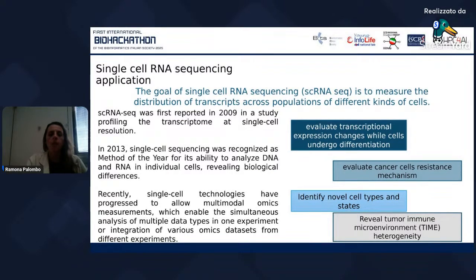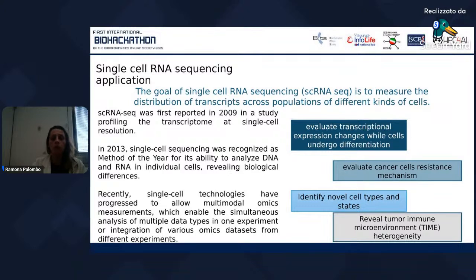And so what are the applications of single-cell RNA sequencing? The goal of single-cell RNA sequencing, as we saw before, is to measure the distribution of transcripts across populations of different kinds of cells. And just a brief introduction about this application. Single-cell was first reported in 2009 in a study profiling the transcriptome at single-cell resolution.